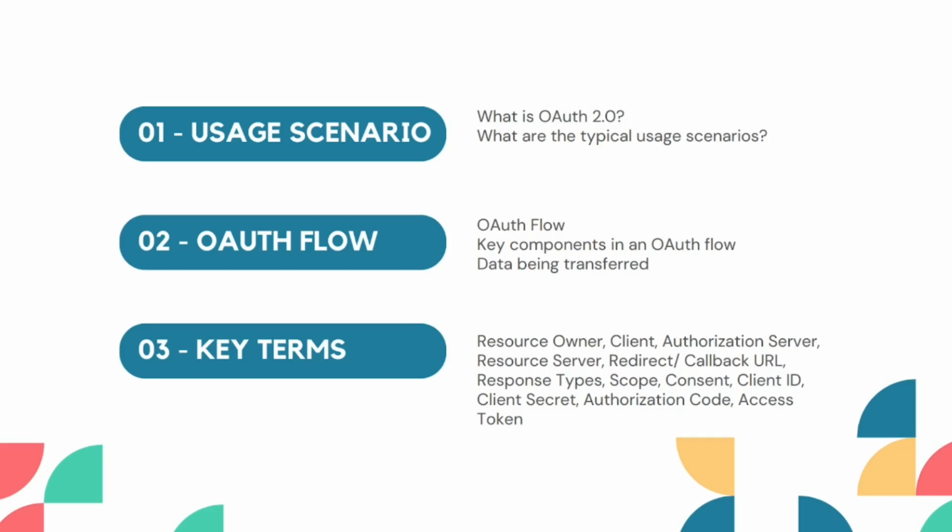By the end of this video, apart from this, you will also have a firm grip on the various key terms like resource owner, client, authorization server, resource server, redirect or callback URL, response types, scopes, consent, client ID, client secret, authorization code, access token, and so on. Without further delay, let's dive in.